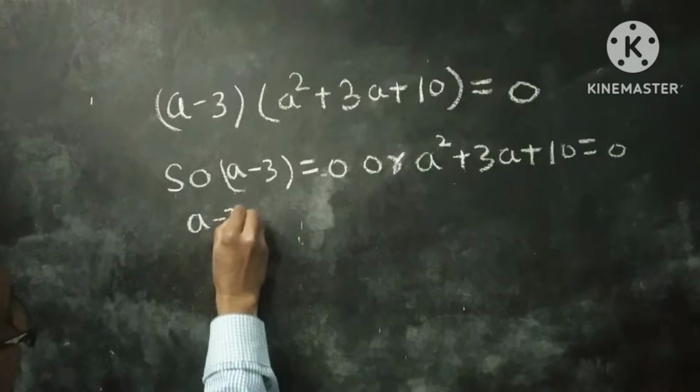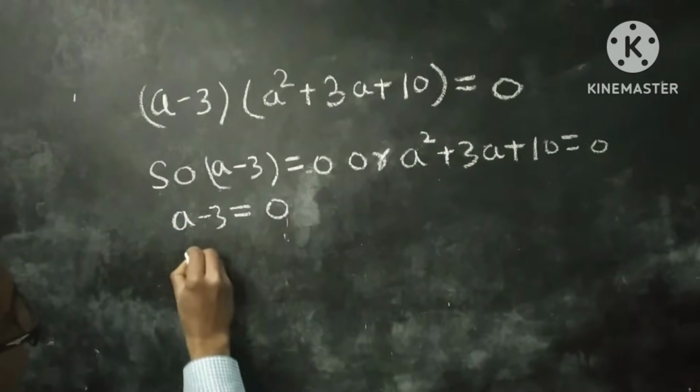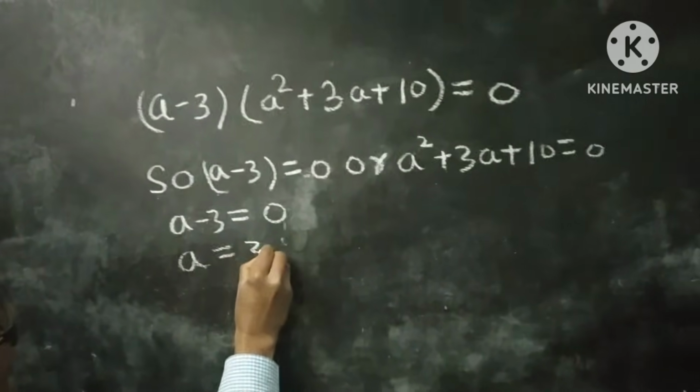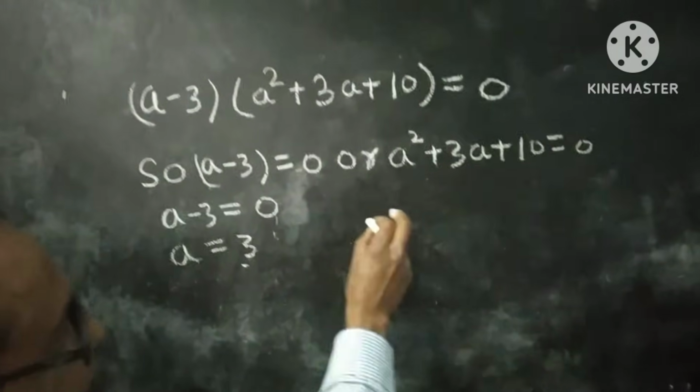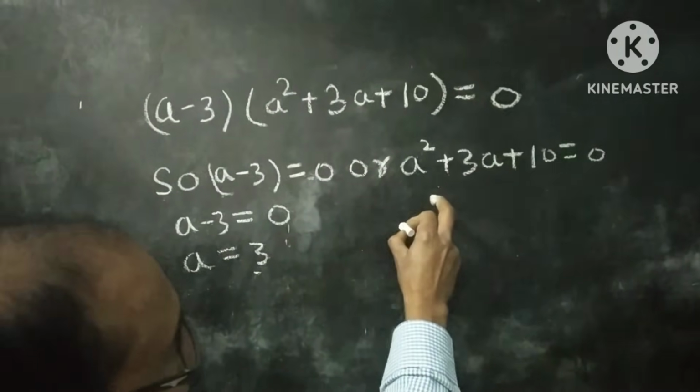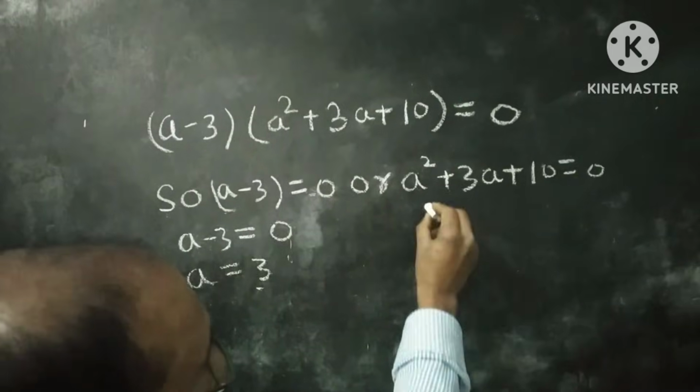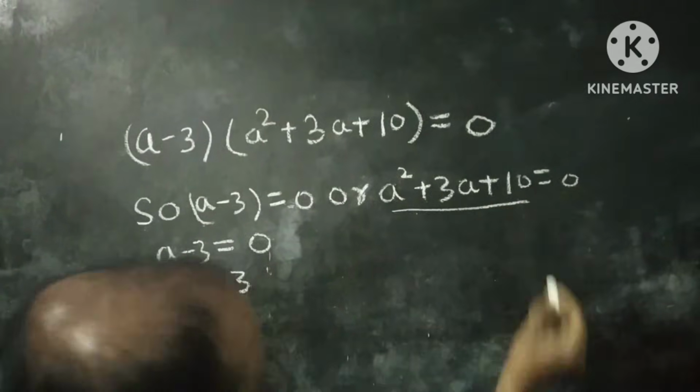From a minus 3 equal to 0, we get a equal to 3. It is a real number. Now we see whether we can also get a real root from this factor.